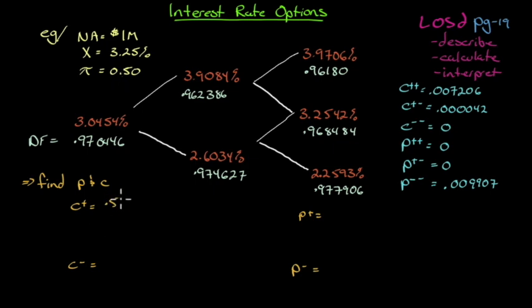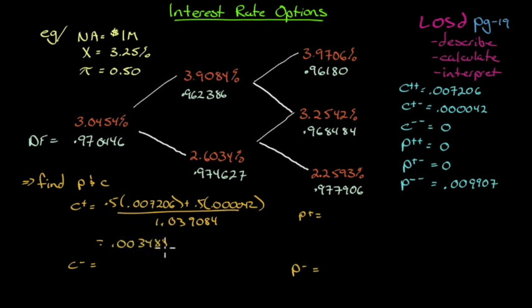So it would be 0.5 times the call price on the upside, 0.007206, plus 0.5 times, and this time we do have a value on the bottom, 0.000042. And of course that is divided by the discount rate, 1.039084. That'll give us 0.003488.